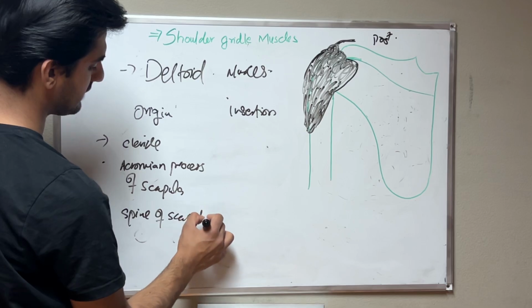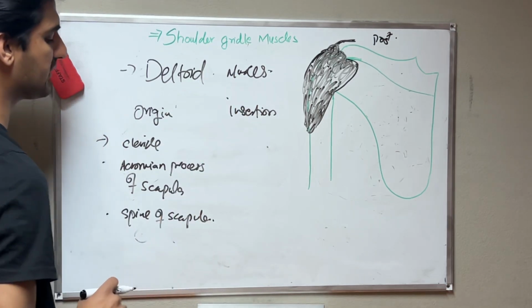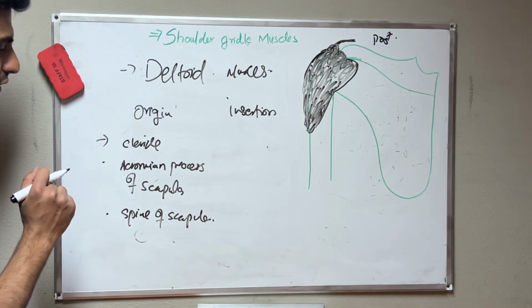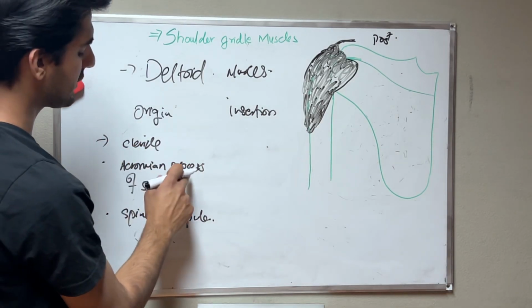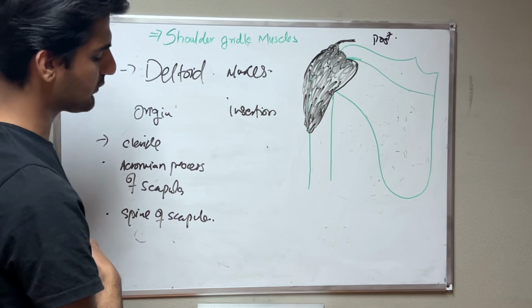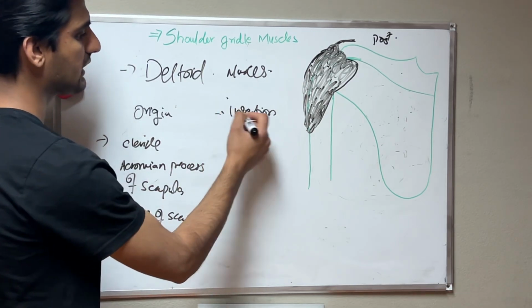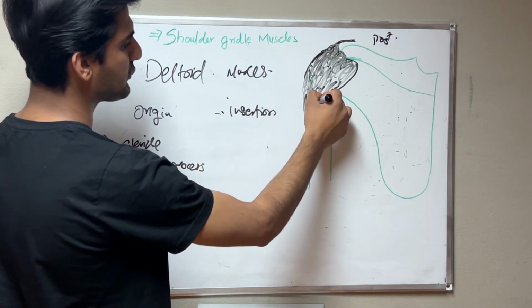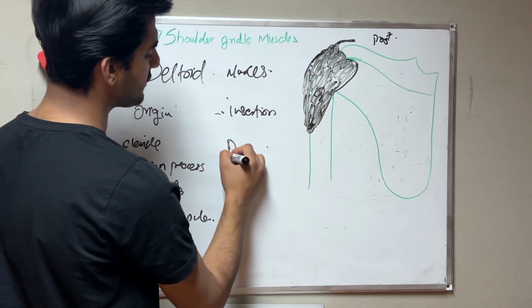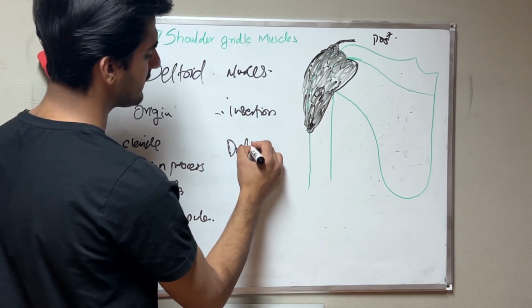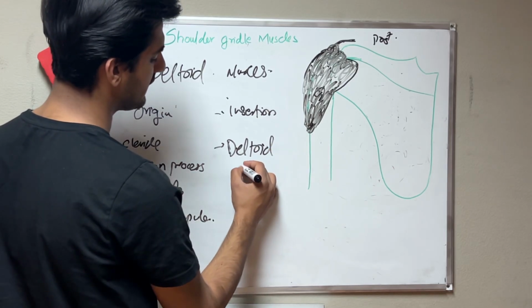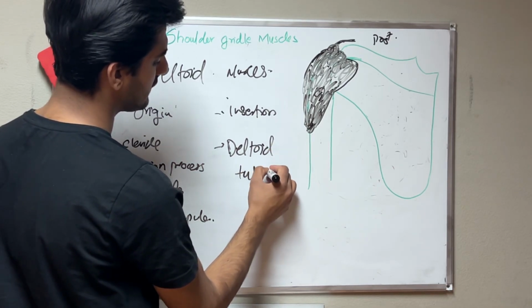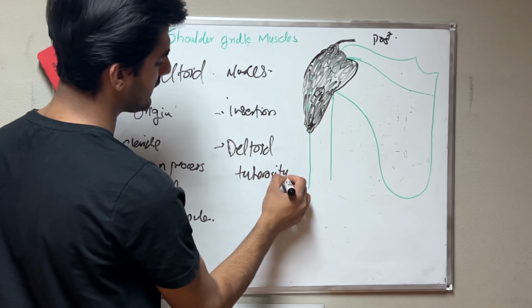It means the origin of the deltoid muscle is from three parts: the clavicle bone, the acromion process of the scapula, and the spine of the scapula. And it is inserted into the tuberosity, and this tuberosity means the deltoid tuberosity, which is present in the humerus bone. Deltoid tuberosity of the humerus bone.